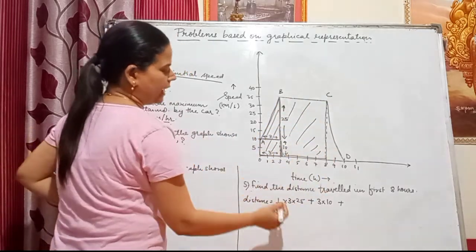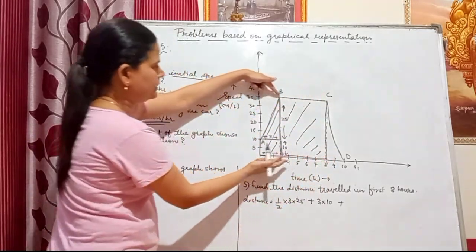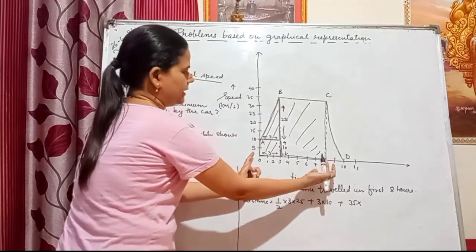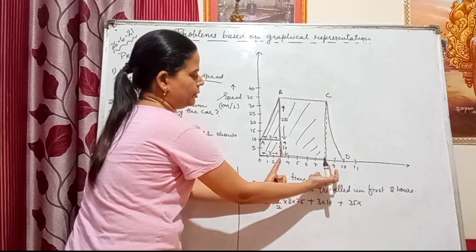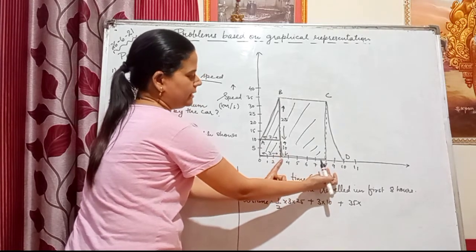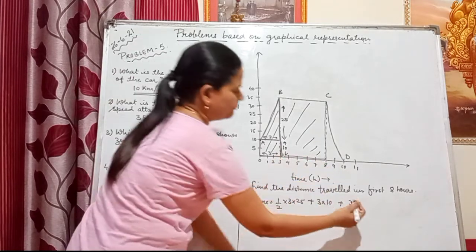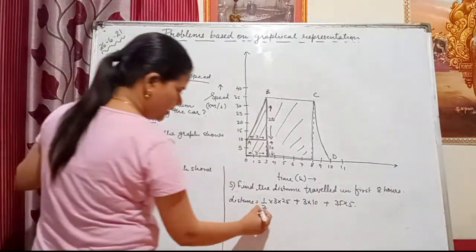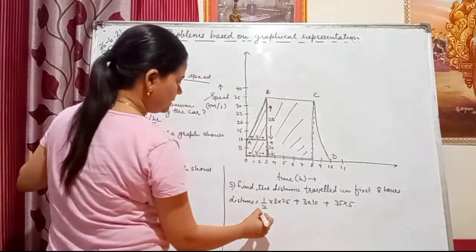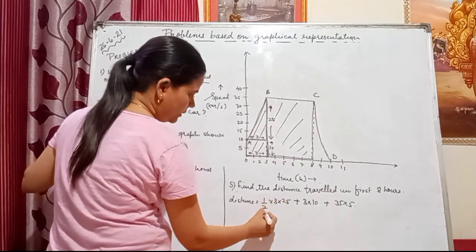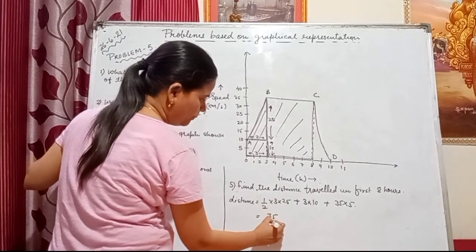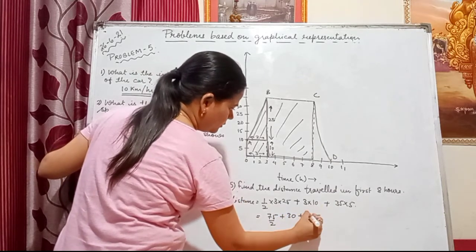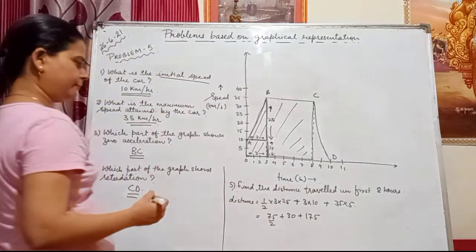For this rectangle, the length is 35 into breadth, which is between 3 and 8, that is 1, 2, 3, 4, 5. Now we need to calculate this. So we get 25 threes are 75, divided by 2, plus 30, plus 175.